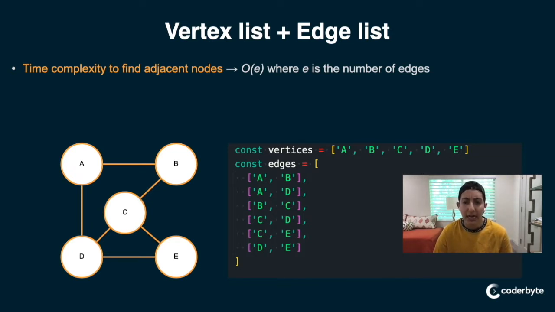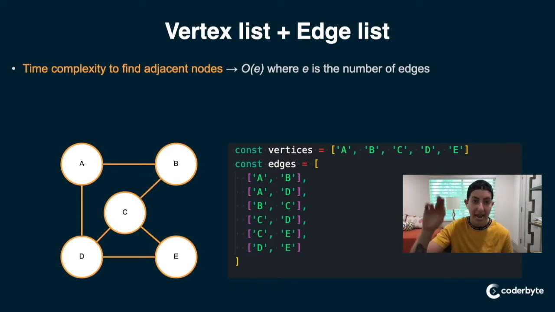So in this representation, the time complexity to find the adjacent nodes, we're going to code out a solution for how you would write a function, find adjacent nodes, but we can talk through it in plain English now. You would probably have to loop through the entire edges array, right? And check each one. Is the node that I'm interested in, in this example node A, in this connection?